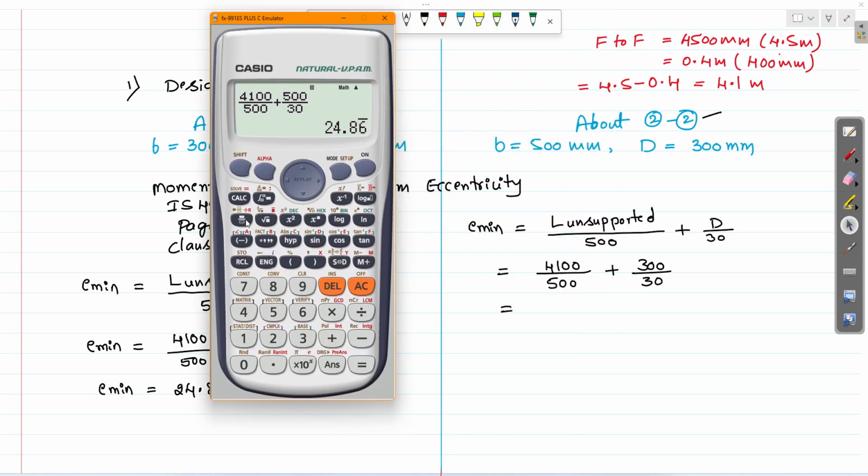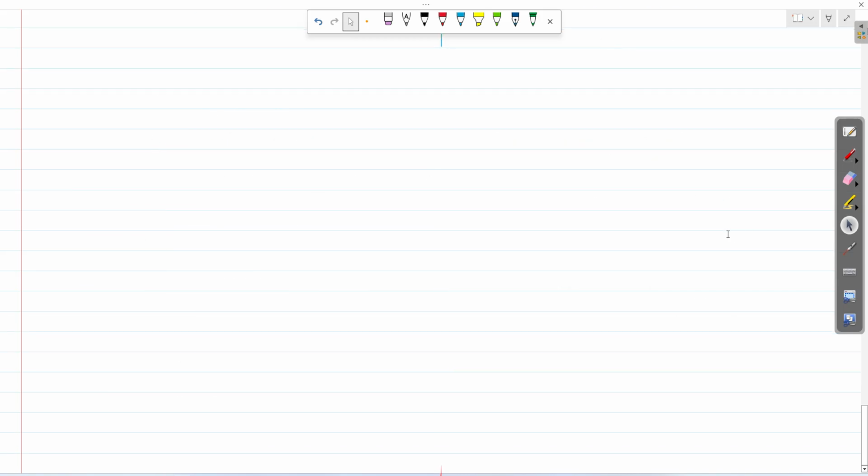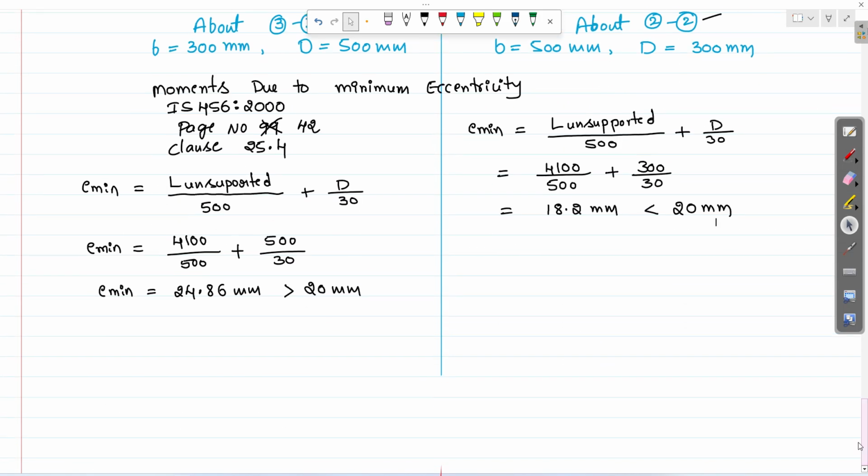So 4100 divided by 500 plus 300 divided by 30. So it will be 18.22 millimeter, which is less than 20 mm. So this is eccentricity.